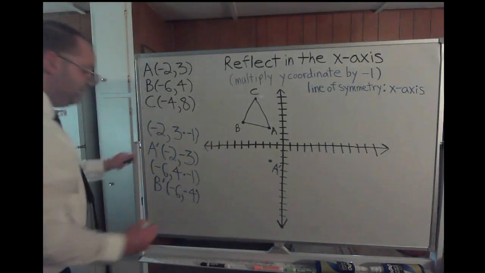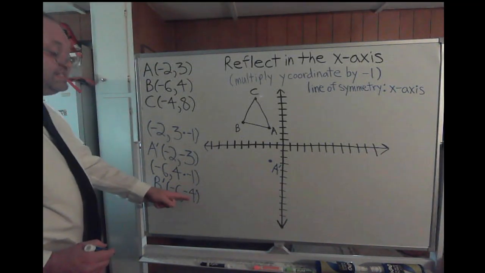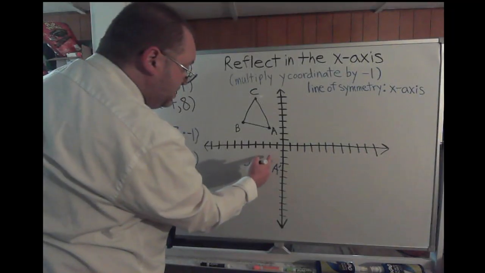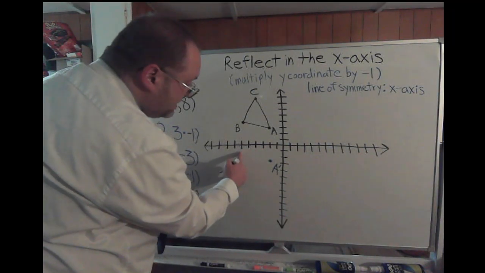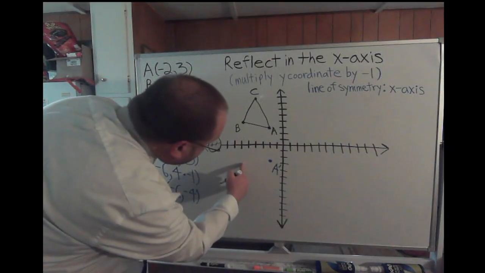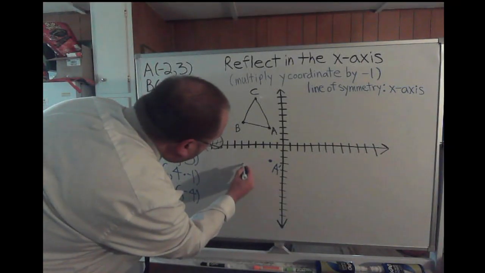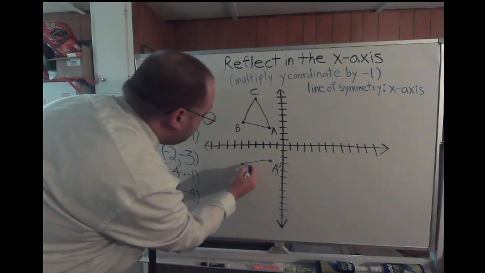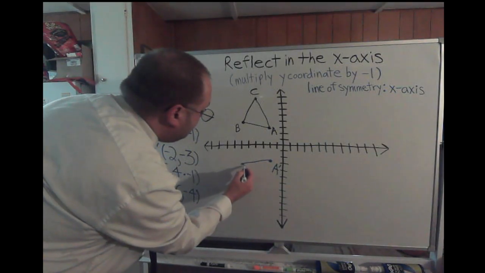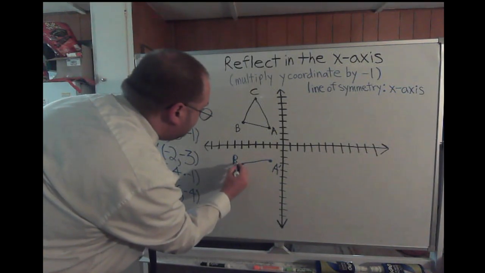So B prime is going to be -6, -4. So 2, 3, 4, 5, 6. Right about there would be our B prime.